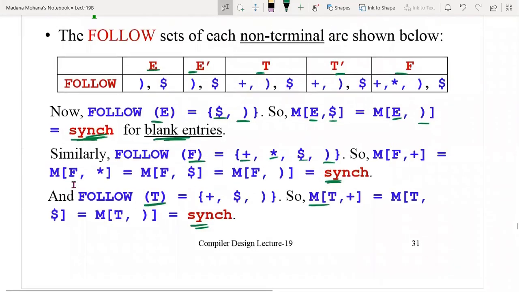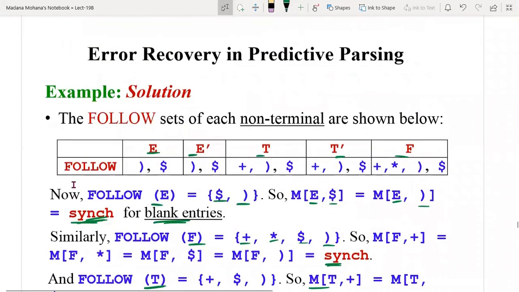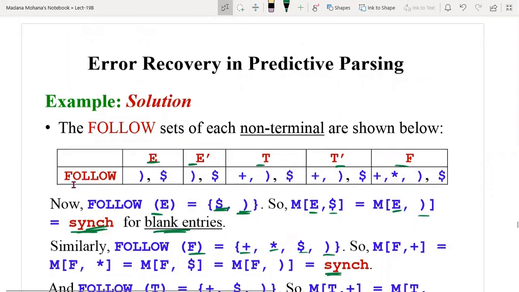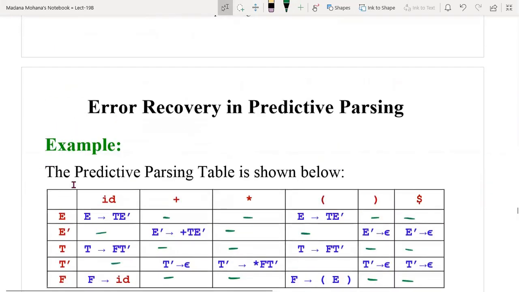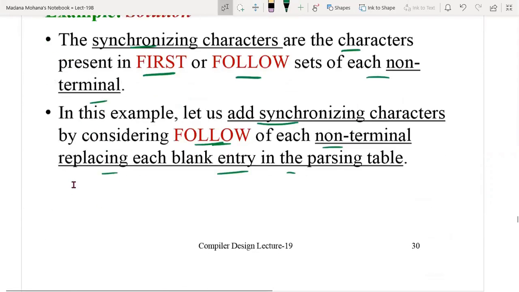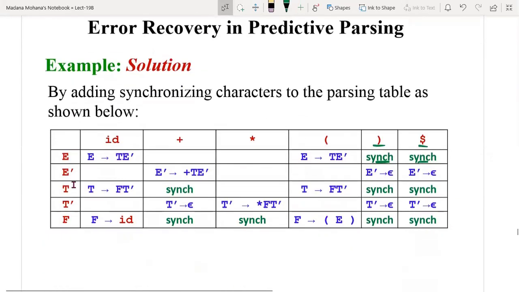Previously these were blank entries; now synchronizing tokens are added. Like this, for all the follow values we considered, synchronizing tokens are added.